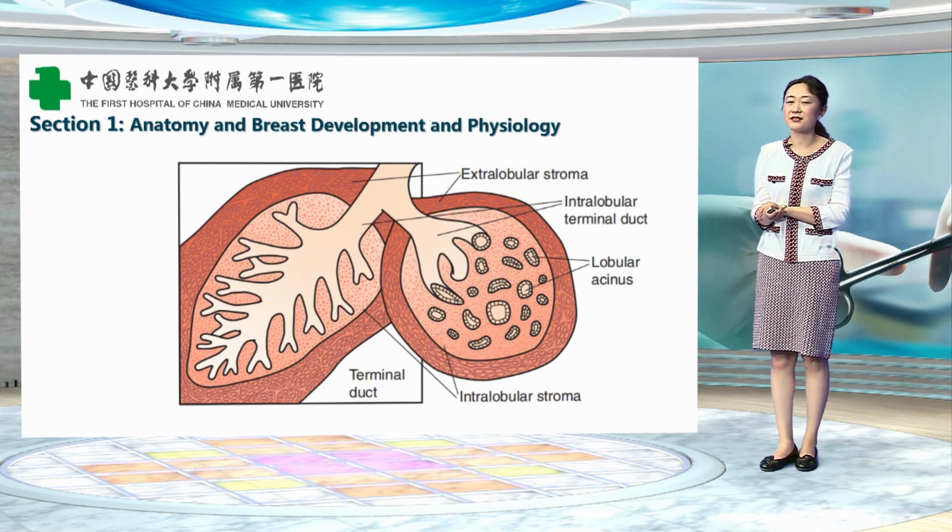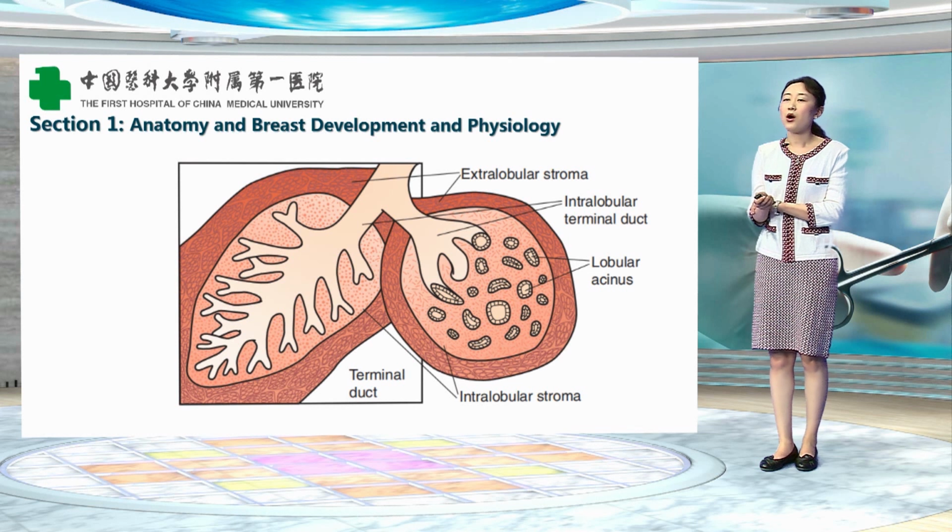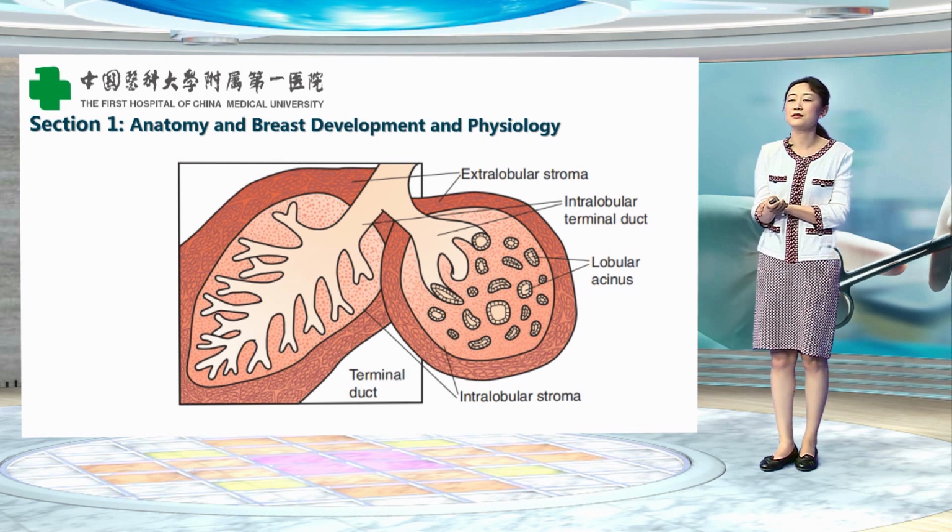Each of the major ducts has progressive generations of branching and ultimately ends in the terminal duct or acini. The acini are the place where milk is formed. We also call it the terminal duct. It is a very important place because a lot of diseases originate here.